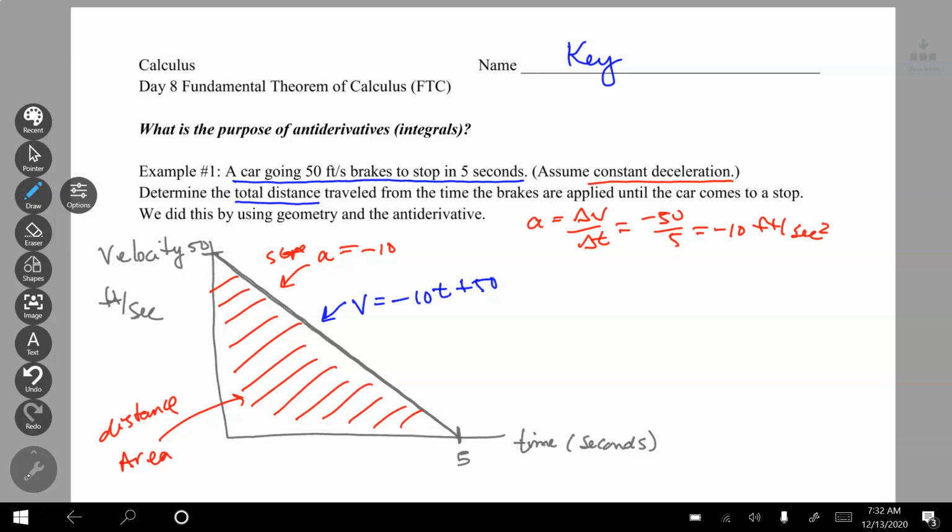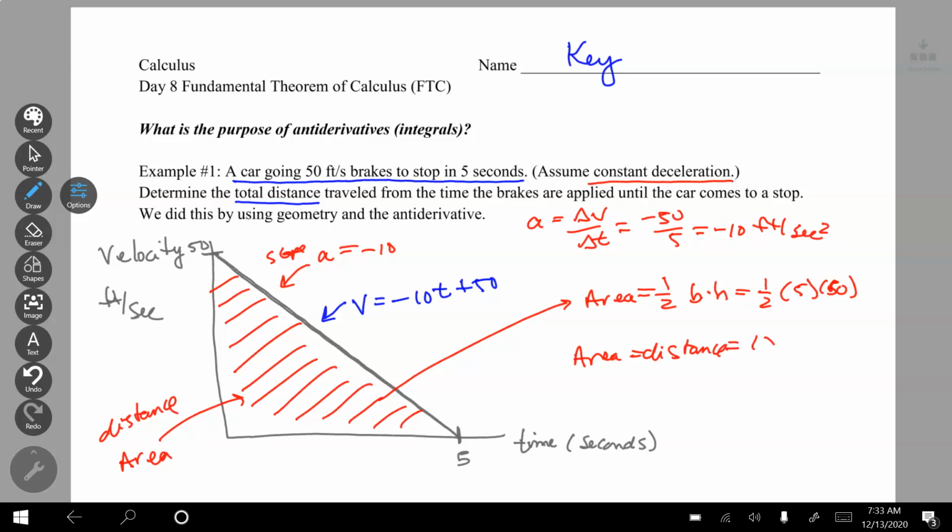But let's go back to finding the area. Area equals 1/2 base times height, which is 1/2 times 5 times 50. And my area, which is my distance, is equal to 125 feet. That was using geometry.